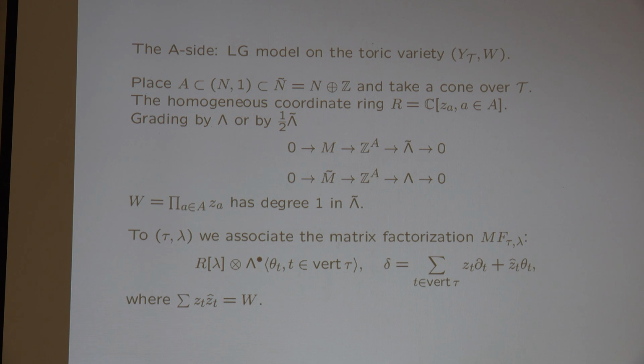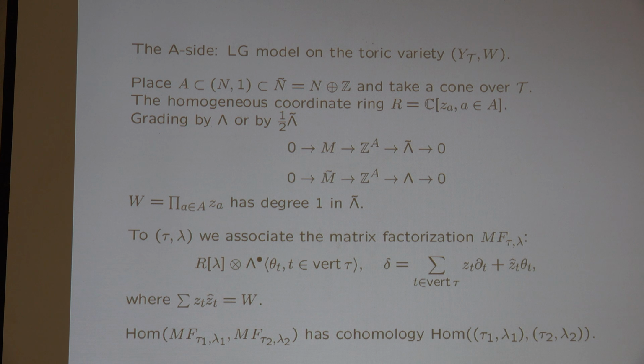So for every object, I'm defining the matrix factorization for every tau lambda in the usual way. And when we compute the Homs, at least we didn't compute it in general, but we did try several examples and it matches. So I guess it's a mirror symmetry, in this very, very combinatorial kind of form.